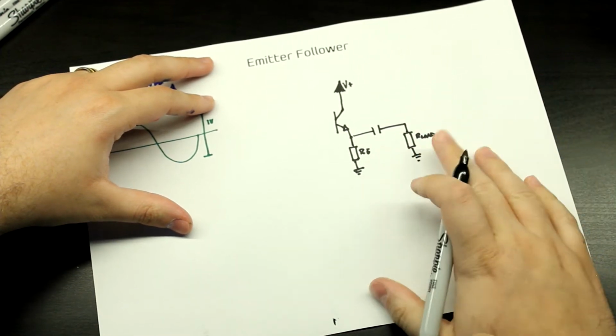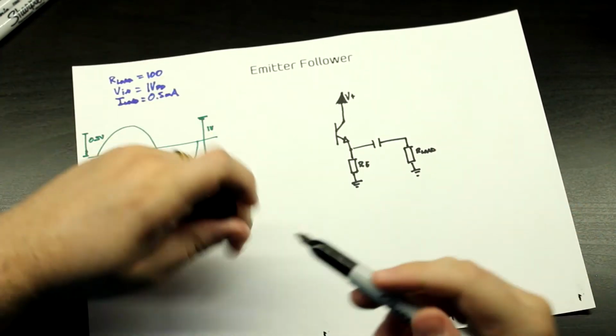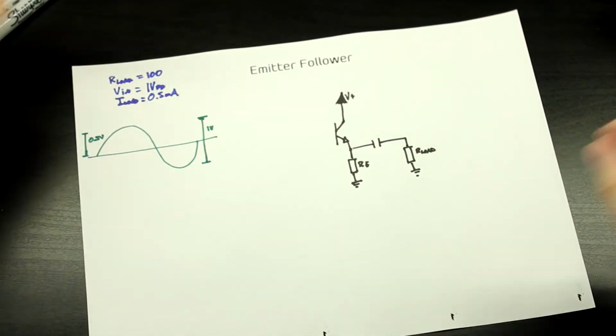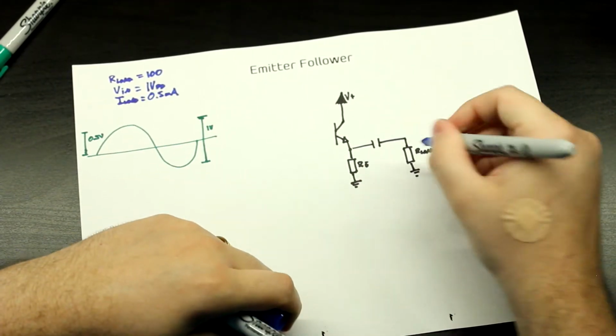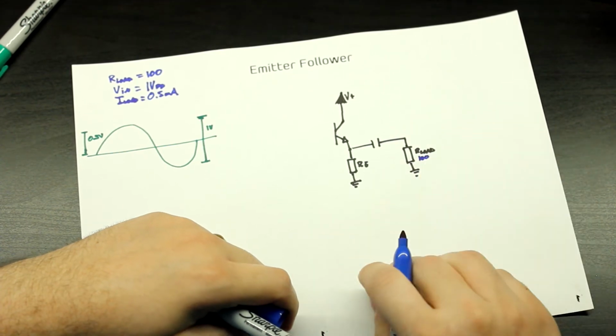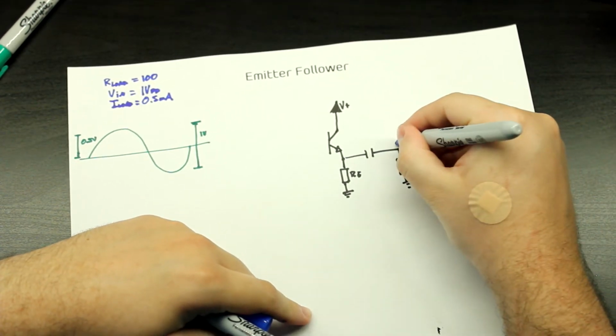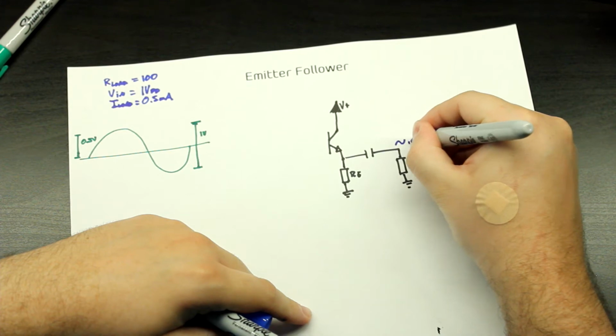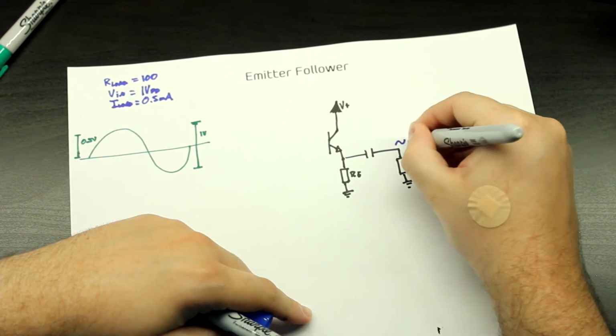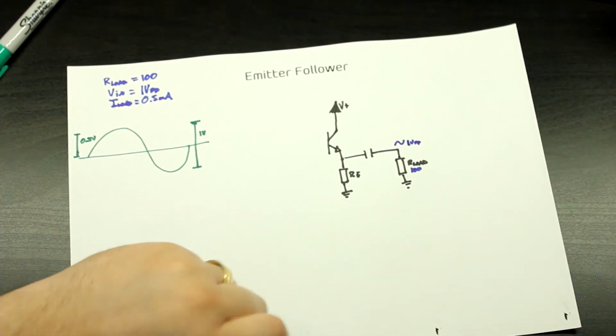This is going to actually be our load, the headphones, for example. They're going to be 100 ohms here, just so we know. We're going to have a 1 volt peak-to-peak signal.